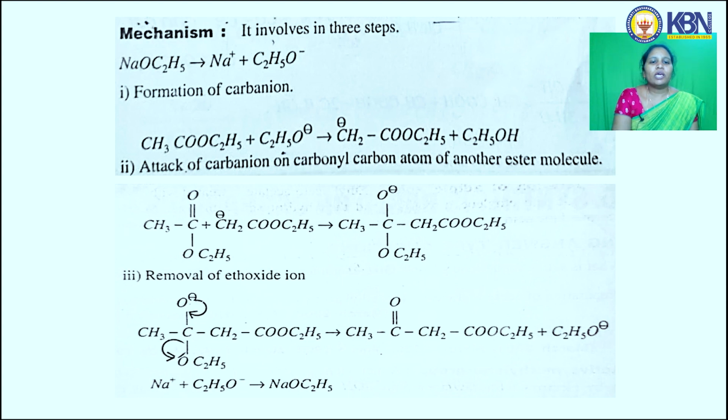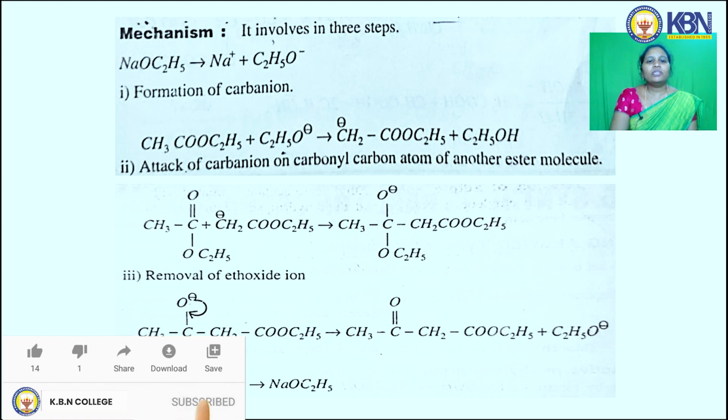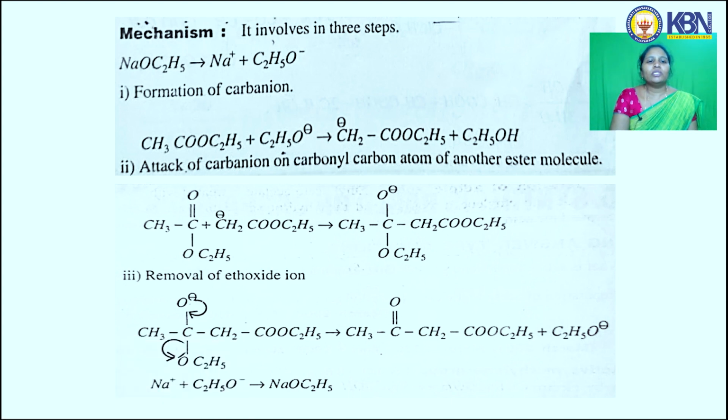Here CH3COOC2H5 reacts with the ethoxide ion, C2H5O minus. This C2H5O minus abstracts the alpha hydrogen from CH3COOC2H5 and forms CH2 minus COOC2H5, and gives alcohol as a byproduct.